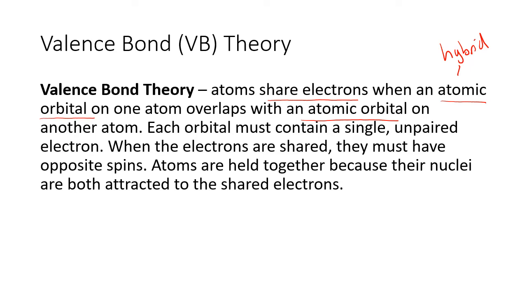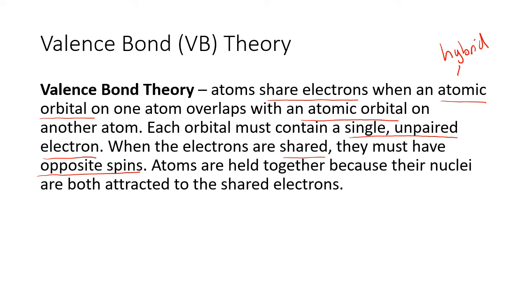Each of those must have at least one unpaired electron that when it comes together with the other one that has a single unpaired electron, those electrons can be shared and their opposite spins can come together and join to form a bond. So the atoms will be held together because the nuclei will be attracted to the electrons for each of them and they form that bond.